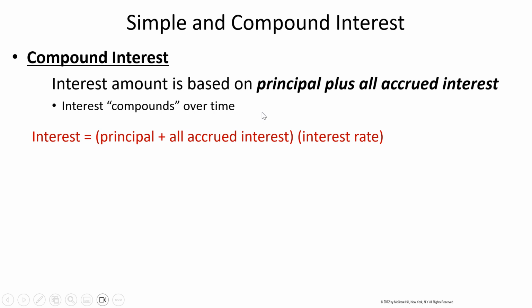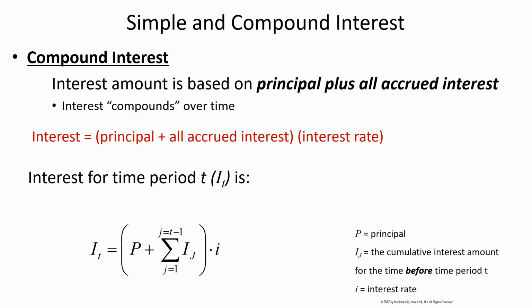Let me show you what that compounding cascade looks like. Let's say, for example, that we want to find the interest that's due in year T. Don't feel intimidated by this formula, because all it's saying is that the interest amount due in year T is the principal amount plus all of the previous years' interest amounts prior to year T added together and then multiplied by the interest rate.